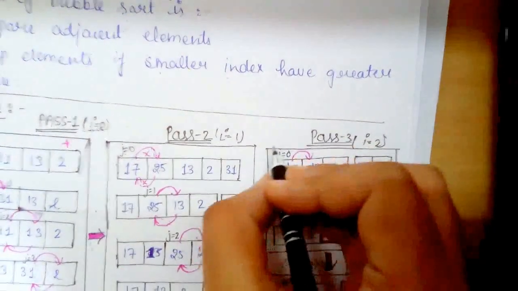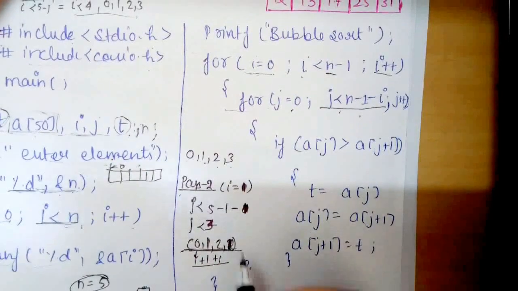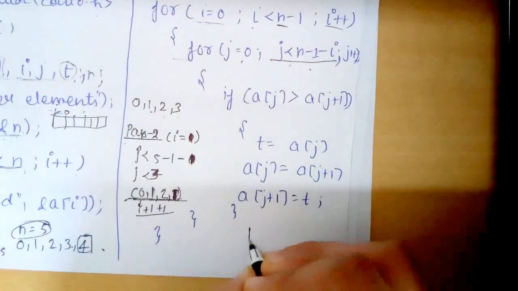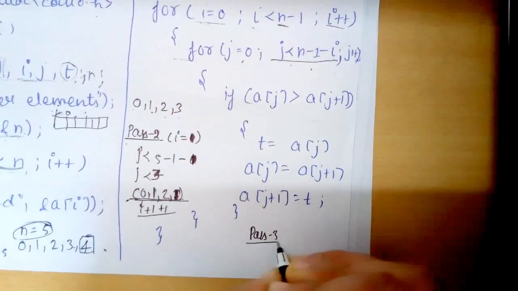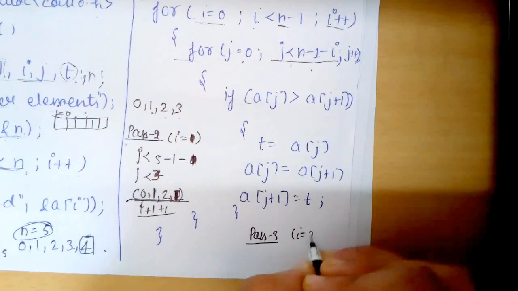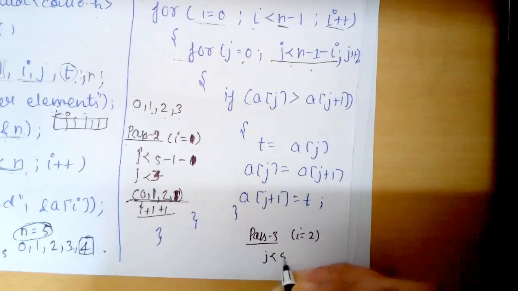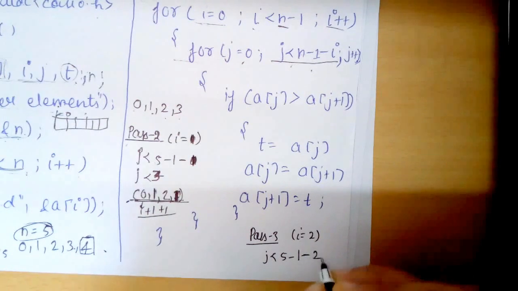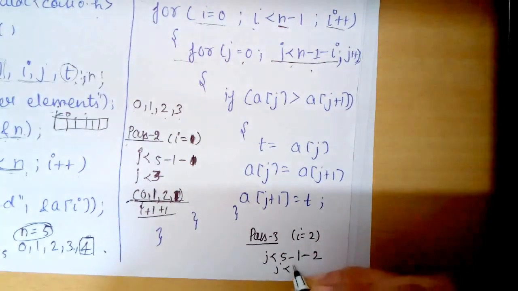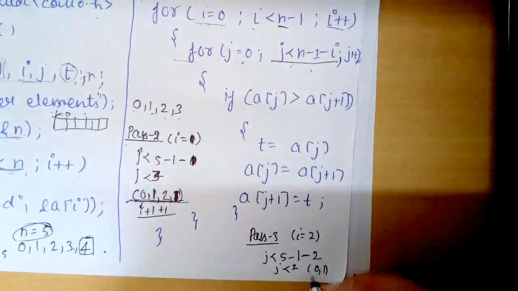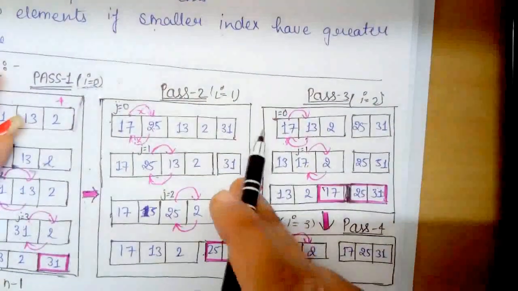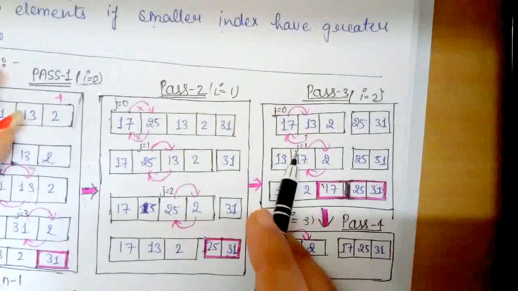Now in pass 3, you put the i value as 2. So if i is equal to 2 in pass 3, j is less than 5 minus 1 minus 2, that is j less than 2, that is 0 and 1. So it will execute only for 0 and 1, that is j equal to 0 and j equal to 1.